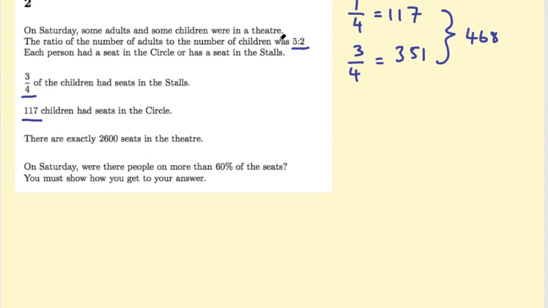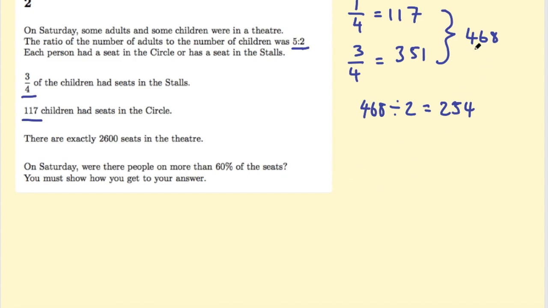Now, then you need to use your knowledge of ratios, and this ratio is telling you that the number of adults to children is 5:2, so 2 parts equals 468. Divide that by 2 will give you what 1 part is worth, so 234. And then we need to multiply that by 5 to find out the number of adults.